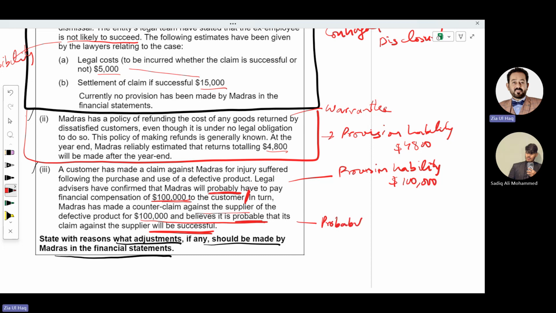So if there is probability of a future economic inflow, in that case the company needs to disclose what? A contingent asset in the financial statements. There is no accounting entry for a contingent asset or contingent liability.